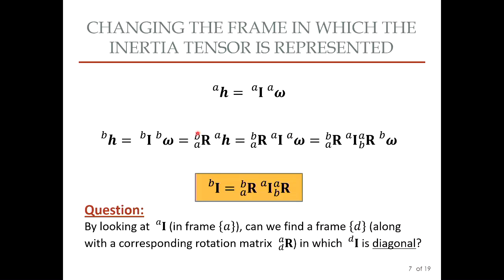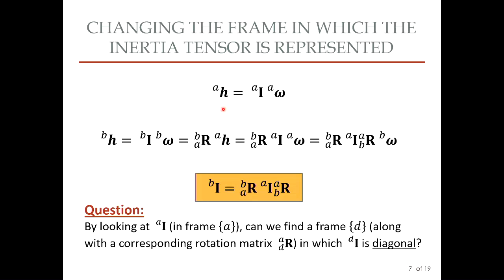So what I'm doing here, essentially, is utilizing the idea of the rotation matrix for a vector to move from the angular momentum vector in one frame to the angular momentum vector in another frame. How to do that?